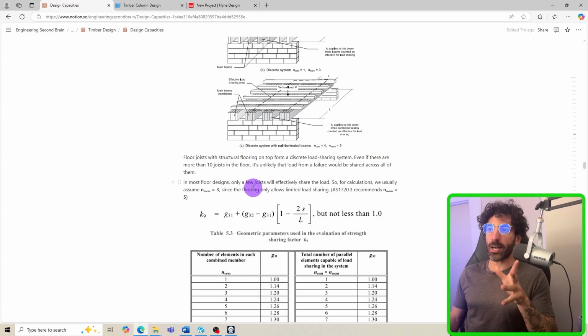In most floor designs, only a few joists will effectively share the load. So for calculations, we usually assume NMEM equals 3. Now, if you look at AS 1720.3, which is the residential timber code, they will use NMEM equals 5. So you can use between 3 and 5. I think it's a good number.